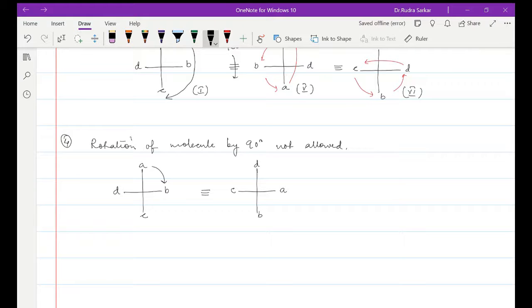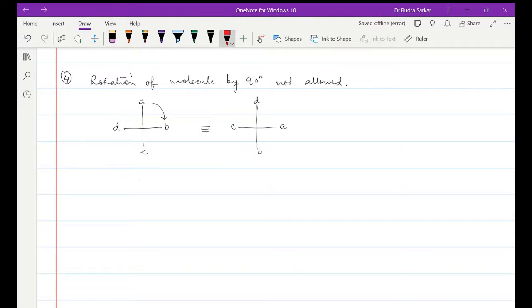Now think, in reality, A was behind the plane, C was behind the plane, whereas B was in front of the plane and D was in front of the plane. If you do a rotation by 90 degrees within the plane of the paper, you are bringing A above the plane, which is incorrect.